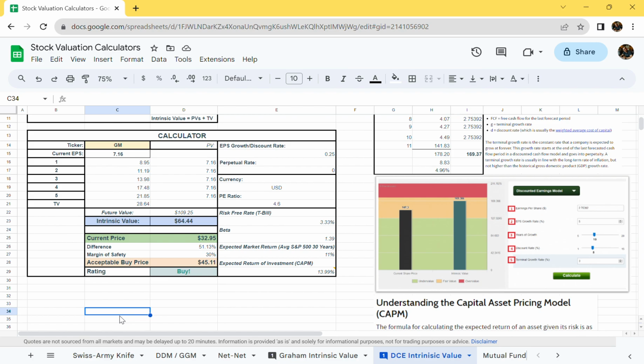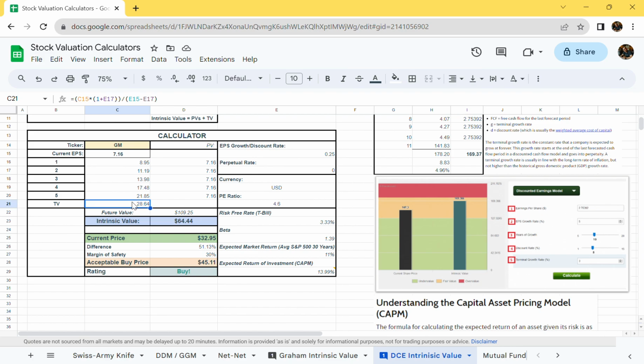Regardless, I created this little calculator, and of course, the basic essence of what this is saying is, okay, if we get the present value of earnings per share over 5 years, of course it'd be more reliable to use maybe 10 years plus, at a given discount rate, then we add that to the terminal value, which is just the total earnings that a company might bring in over the life of the company, so perpetual, to the end of time basically.